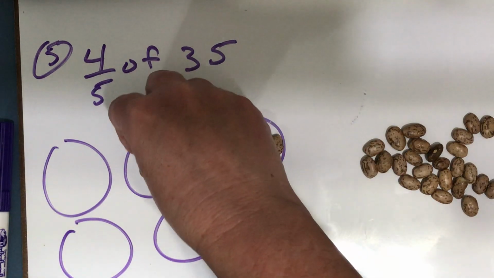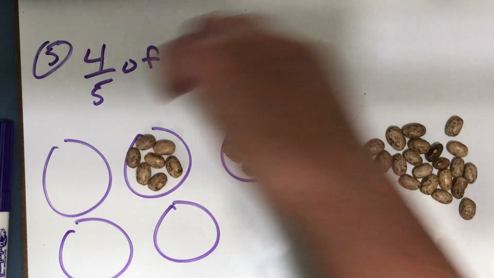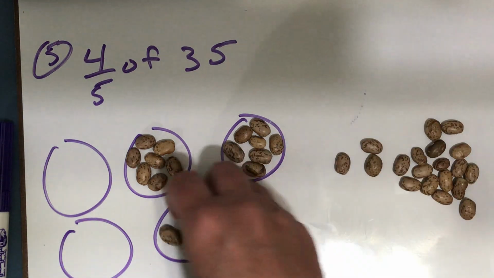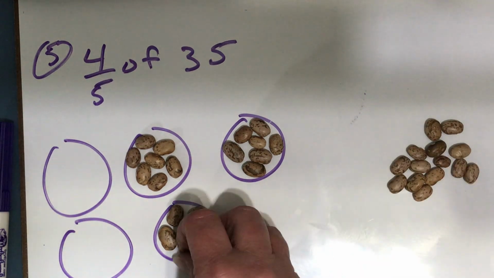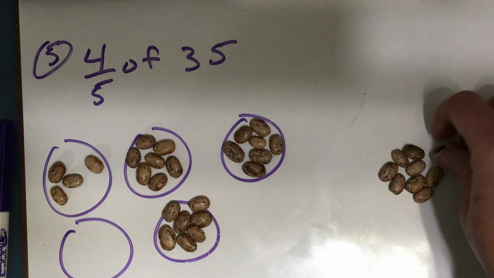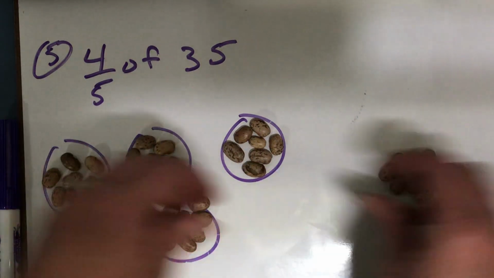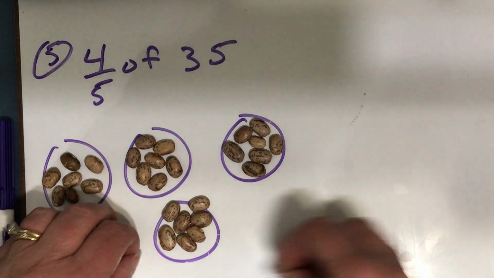I just divide my whole number by the denominator to tell me how many beans I will put in each circle. So I'm putting 7 in each circle. Okay, so now I have my 7 beans in each circle.